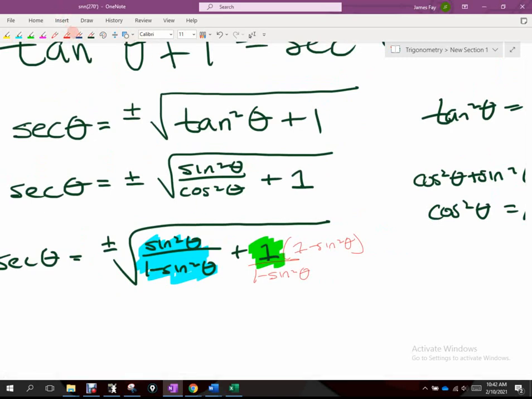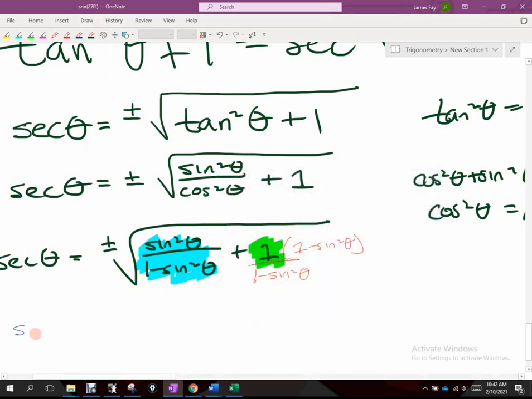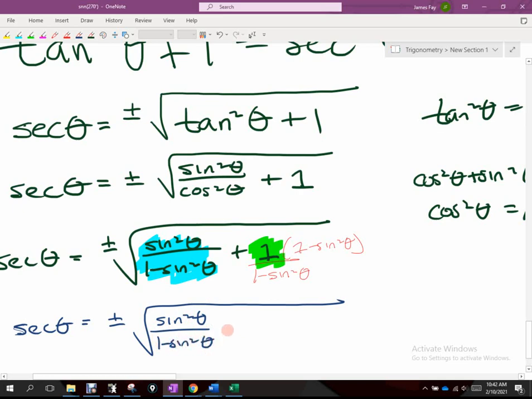So now you can say that secant theta equals plus or minus the square root of, and I'm going to be deliberate here, rewriting just this top, 1 minus sine squared theta, right, over 1 minus sine squared theta.